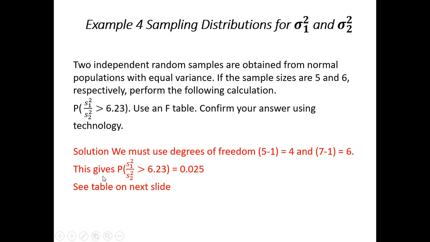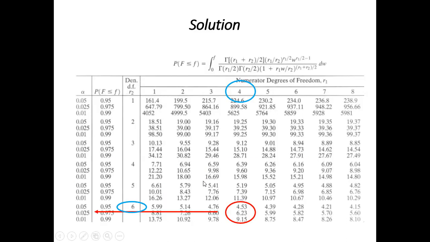So you can see that when we work out this probability that we want, we'll get an answer of 0.025. But let's go through this over here. So I have degrees of freedom. Right? Remember, I had a sample size 5, degrees of freedom 4 here, and we had sample size 7, degrees of freedom 6 over here. I want the probability that my ratio is greater than 6.23.